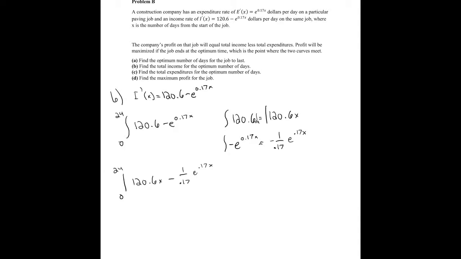So we're going to plug in 24 and plug in 0 to our equation. So 120.6 times 24 minus 1 over 0.17 e^(0.17x), and we're going to subtract using this rule.